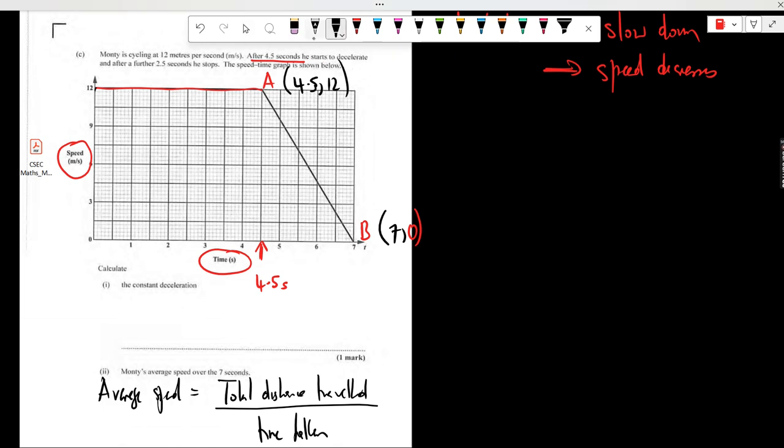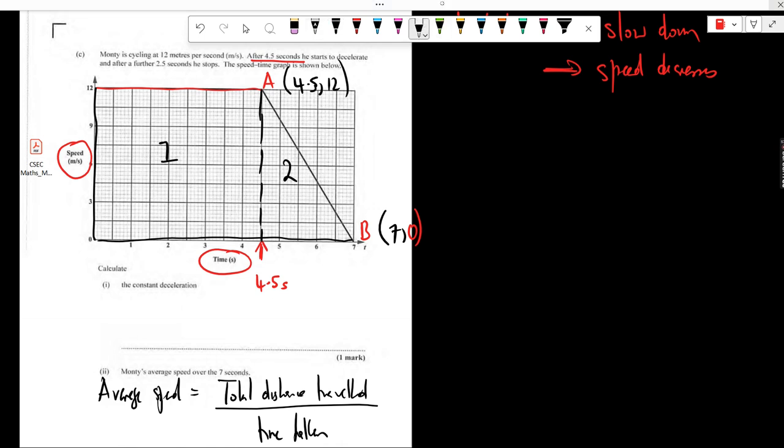So the entire thing is this shape. We can treat it as a trapezium, or we can split it up into a rectangle and a triangle. Let's call this region 1, region 2.